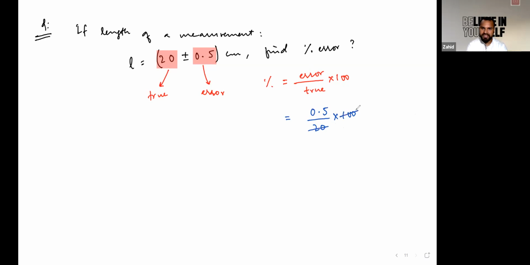So 20 into 5 is 100 and 5 into 5 is 25. So it will be 2.5%. Is it clear till this? Share, any doubt?